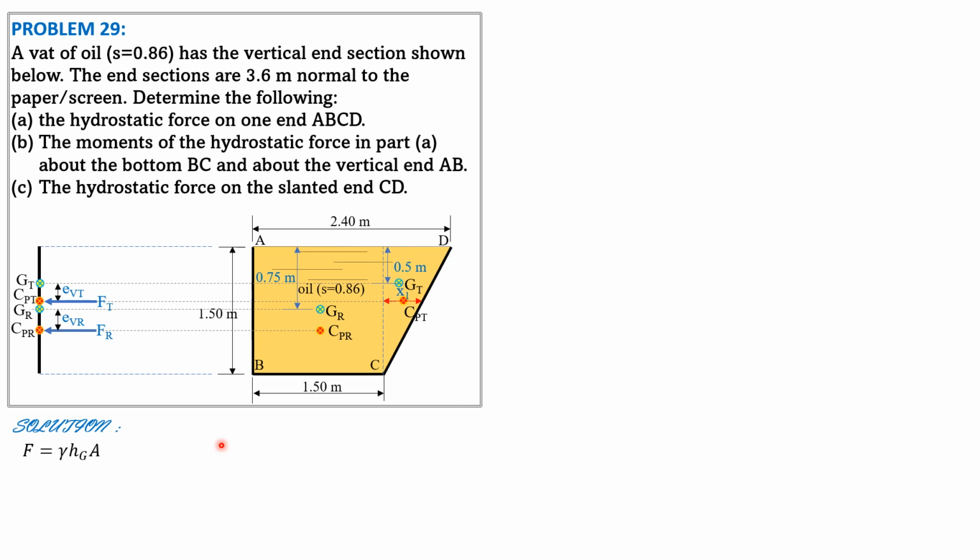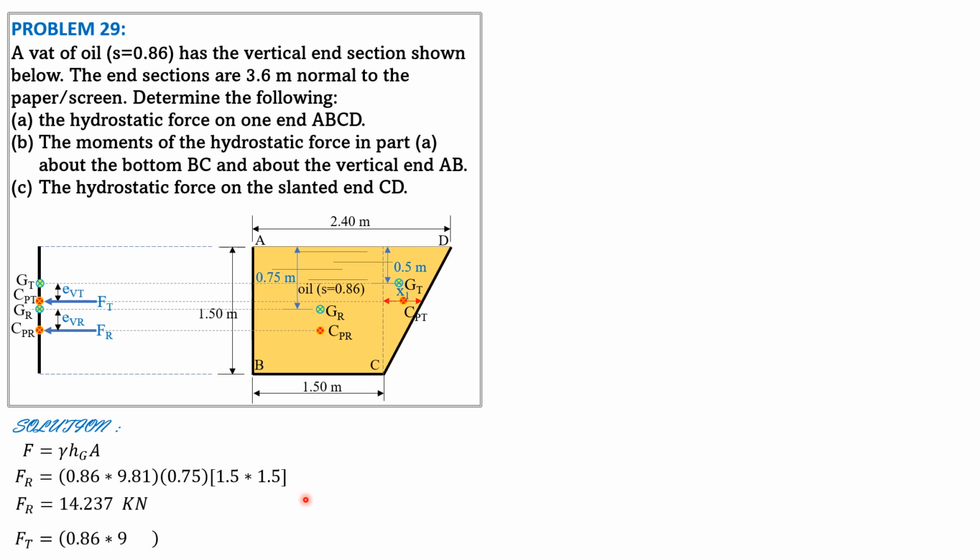So F is gamma HG area, or gamma barred H times area. For the rectangle, gamma of oil 0.86 times 9.81, HG is 0.75, and the area of the rectangle is 1.5 by 1.5. So FR is equal to 14.237 kilonewtons.